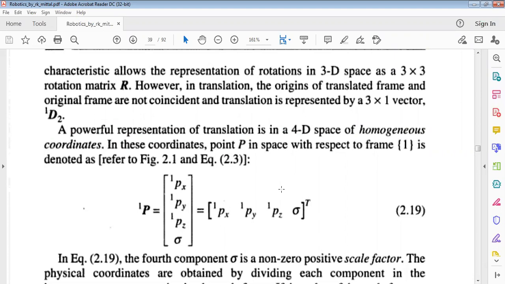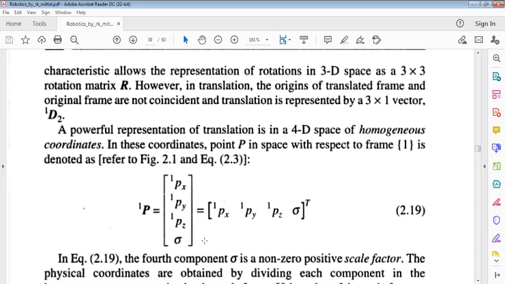Here I introduce a fourth dimension to the Cartesian coordinates, in the fourth row of the column matrix. This sigma is the fourth dimension. When I add this fourth dimension in this vector, that representation is the homogeneous coordinates representation.